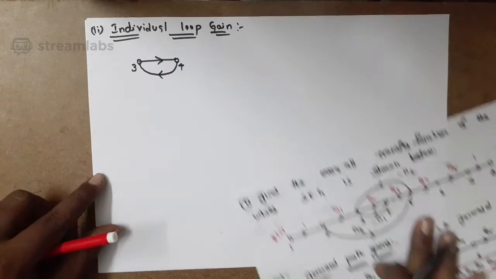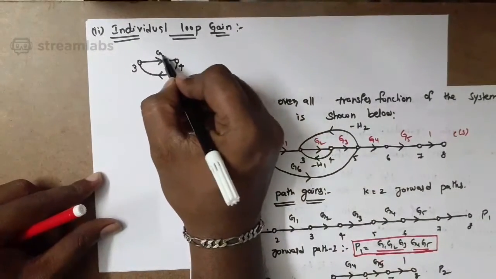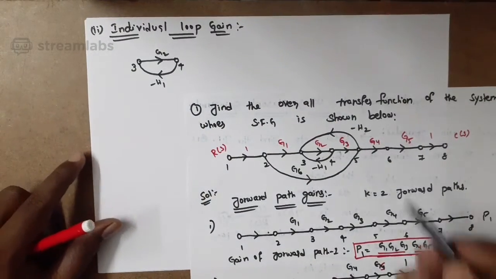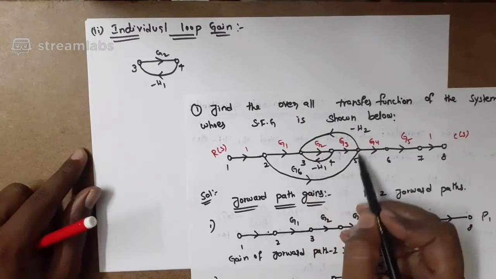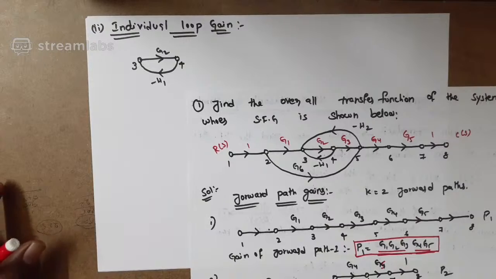What is present in the 3 to 4 loop? G2 minus H1. And next, 3 to 4, 4 to 5, so 3, 4, 5 is also a loop.